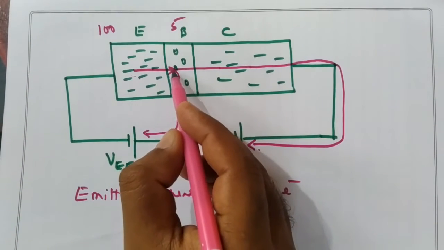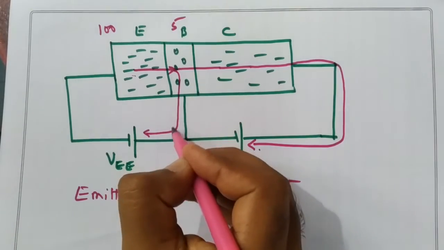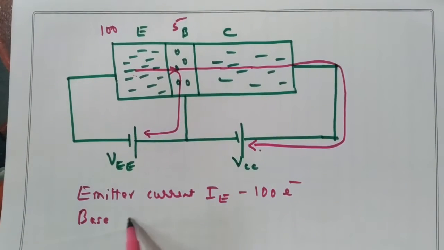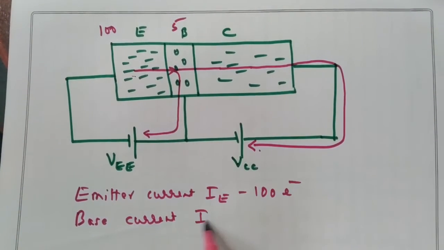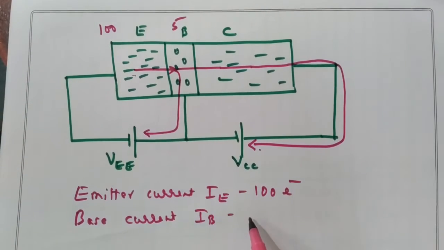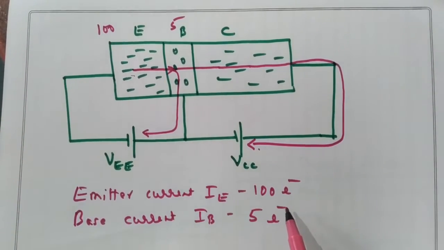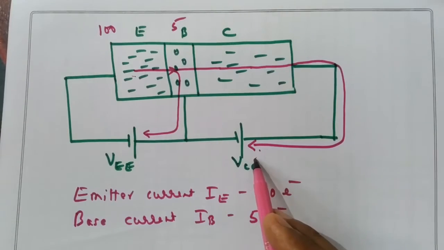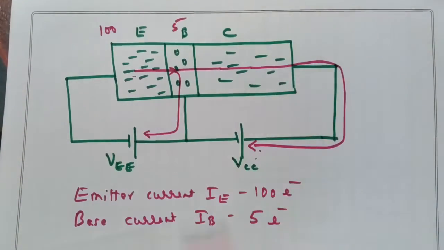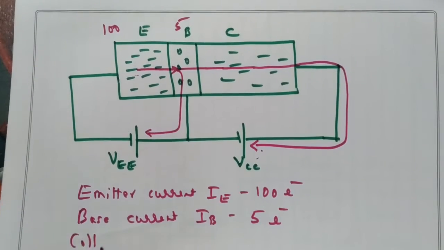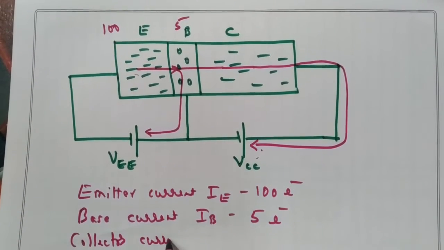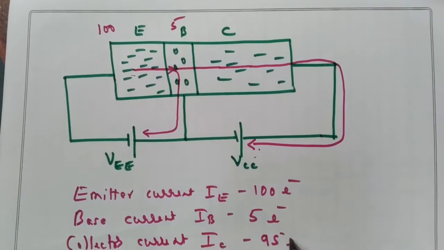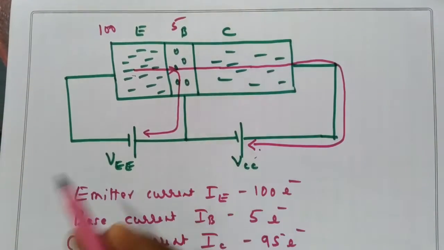So very few electrons flow in the base, constituting the base current IB. So this IB is due to 5 electrons, not holes, electrons. The remaining 95 will be collected by the positive of the battery, and those electrons go through the collector, so constitute the collector current, represented by IC, due to 95 electrons. Now this is the direction of movement of charge carriers.